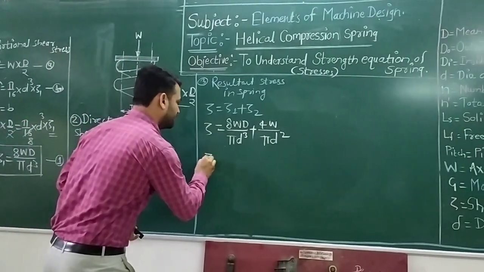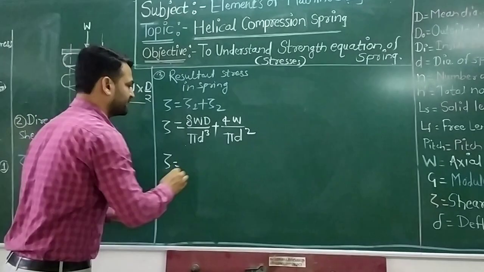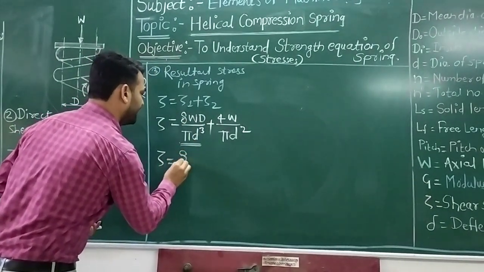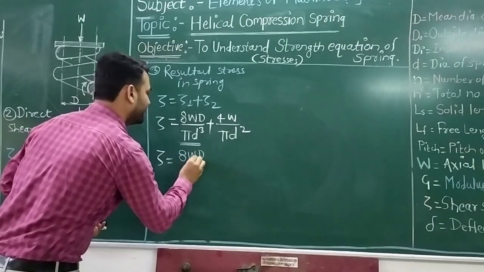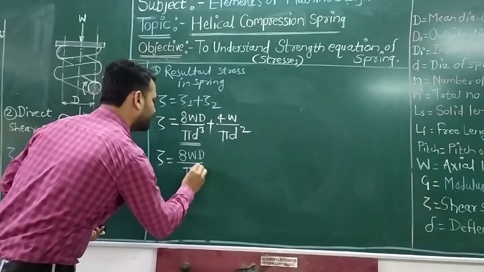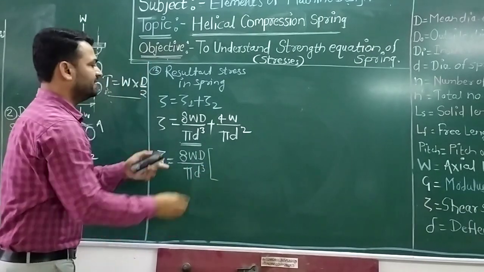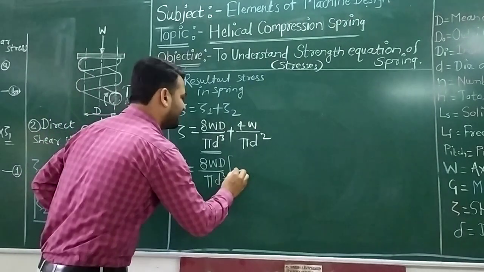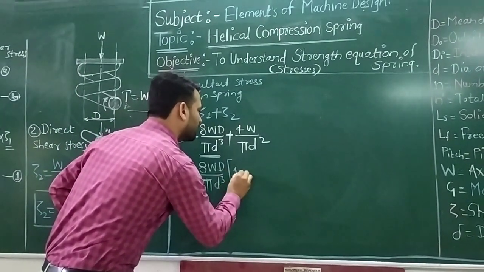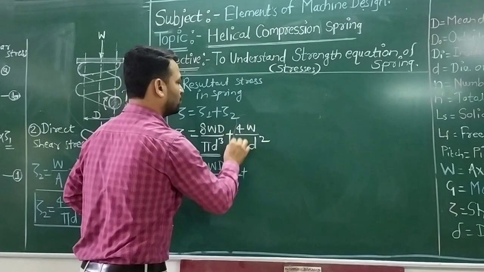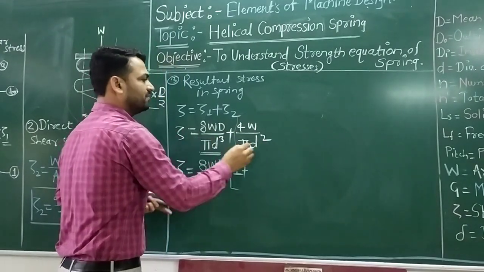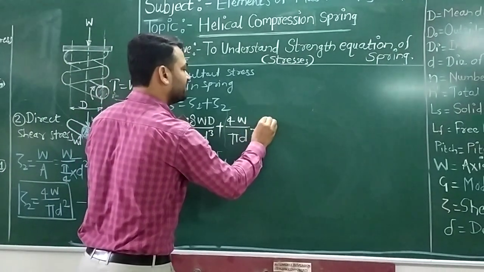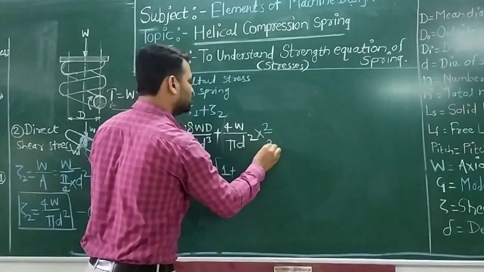If I take this term as a common term, 8WD divided by pi d cube, what will remain inside? 1 will remain inside, because as it is we are taking it outside the bracket. So 1 plus, as we know, for getting this term I have to multiply and divide by 2.